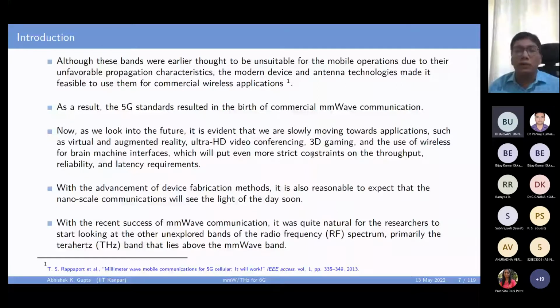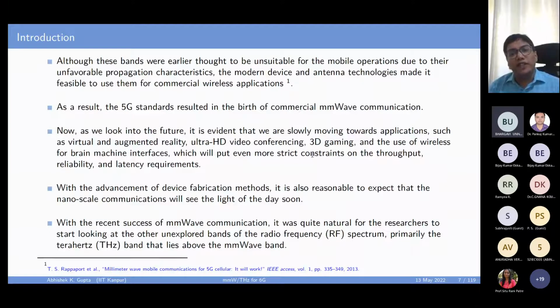But mobile operation requires that you support users who may be moving, and it needs to be reliable, so you should be able to call at any time. Keeping these applications in mind, it was thought that millimeter wave may not be a good option because its propagation characteristics are not good. It suffers from propagation losses and blockage losses.